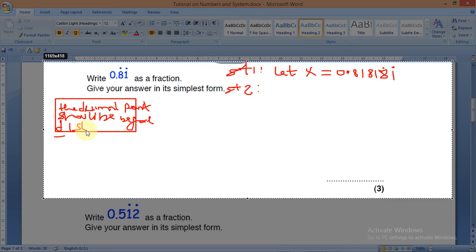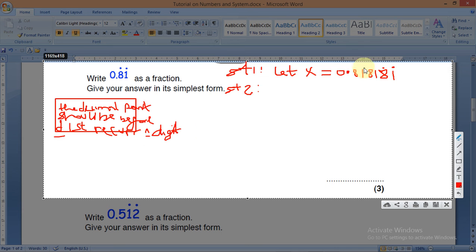Pardon me guys, let me write like that because of my time. Before the first recurring digit. Guys, I'm not going to complete my writing of recurring, I'm sorry about that, please. So it should be before the first recurring digit.